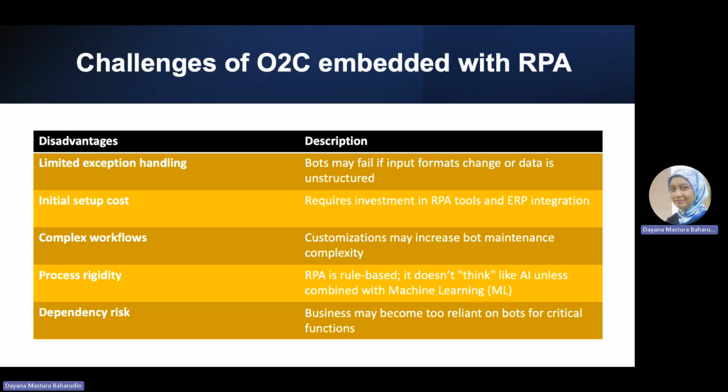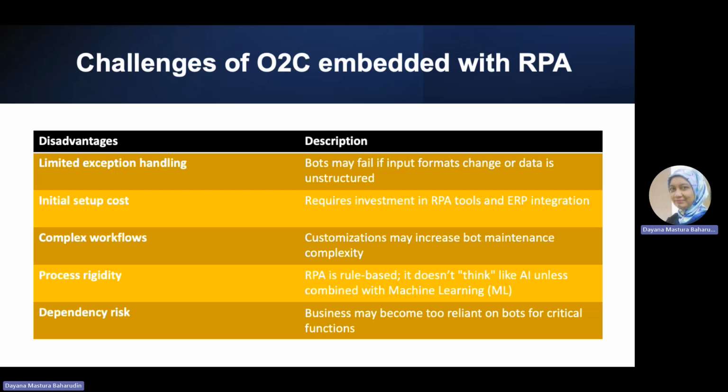So now you're the one working on exception handling, because you never programmed the robot to handle one-off invoices which are very non-standardized. They could come in different shapes and sizes. It's not standardized, so robots don't know what to do with it. It's not human, so they can't think.